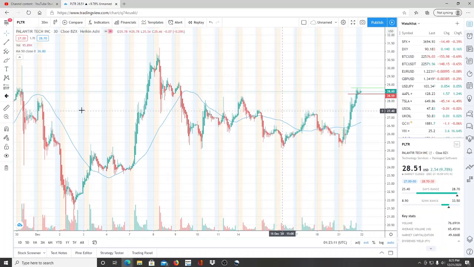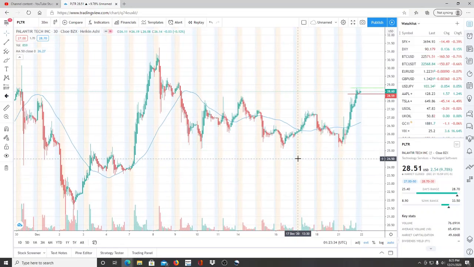So if this breaks through resistance, your next important point would be up here at 29.16. I'd write that down. 29.16 is your next resistance level if this breaks through the resistance we're about to talk about, and this could be on its way up to newer highs, new resistance levels, and pulling further away from the 50-day moving average in an upward direction. So that's going to be very important to keep in mind.